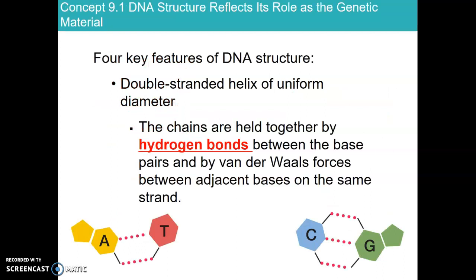Four key features of the DNA structure. The double-stranded helix of uniform diameter. The chains are held together by hydrogen bonds between the base pairs, and then by van der Waals forces between adjacent base pairs on the same strand.